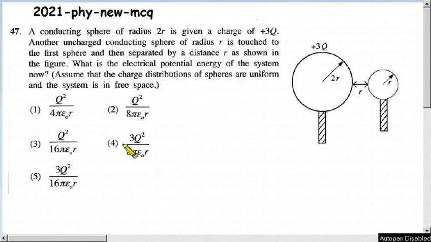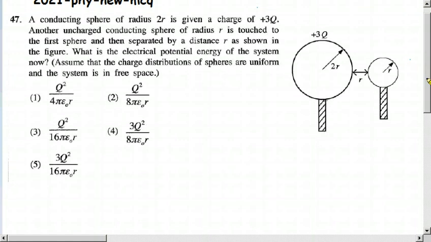So there are 5 answers. So let us try this. So children, the story is this: the bigger sphere has a charge positive 3q, but the smaller sphere doesn't have any charge, so it is neutral. So what happens when they are touched together?